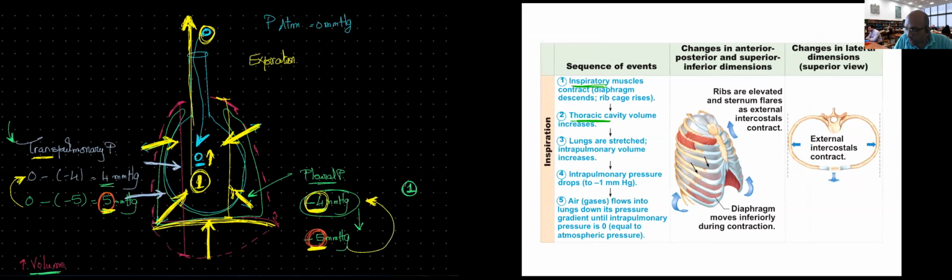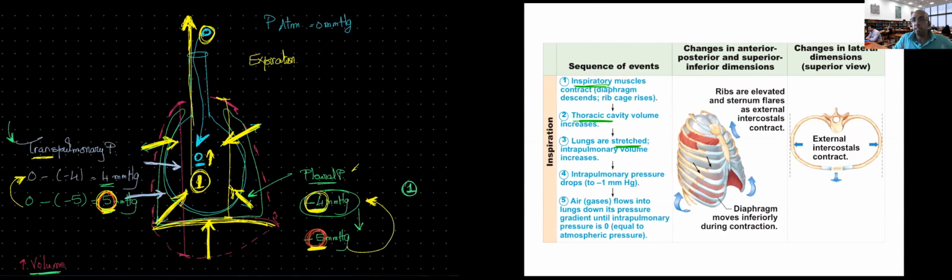This would increase the volume of the thoracic cavity. As I increase the volume of the thoracic cavity, the intrapleural pressure is going to be decreasing. And as intrapleural pressure decreases, the transpulmonary pressure is going to be increasing. And as the transpulmonary pressure increases, the lungs will be stretched.